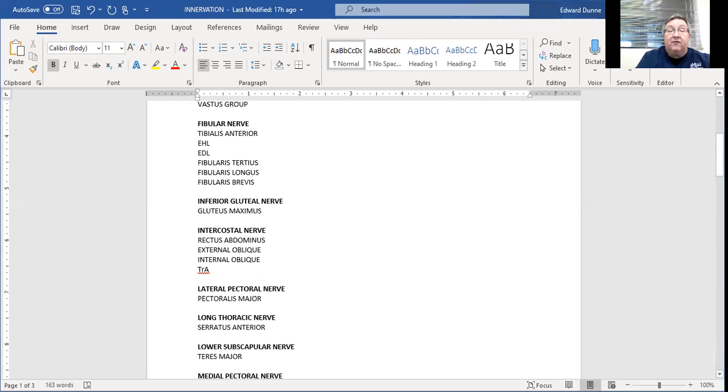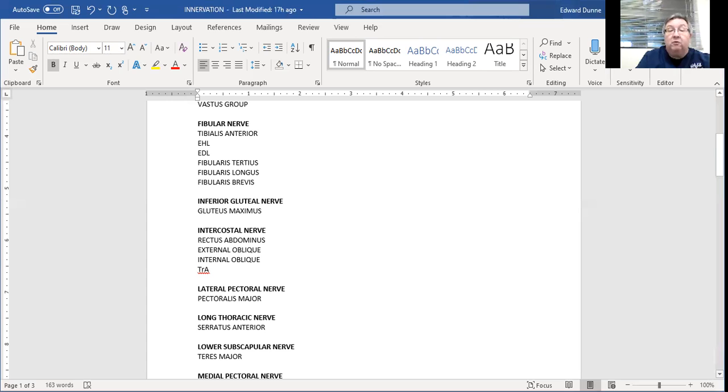The muscles that are innervated by the fibular nerve are tibialis anterior. Now you will see some of these muscles I have kind of shortened. So EHL stands for extensor hallucis longus, the muscle that extends the big toe.